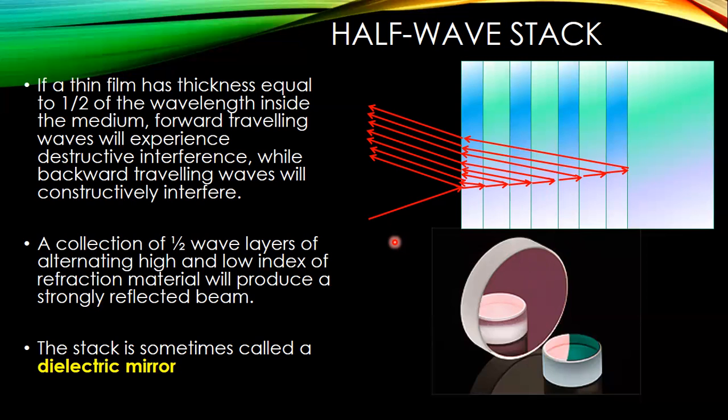And this is especially useful when we're doing things like using lasers, okay? Lasers inside a laser cavity, the efficiency of a laser or the gain in a laser is, I should say, the efficiency in the laser is very much related to the reflectivity of the mirrors in the resonant cavity.